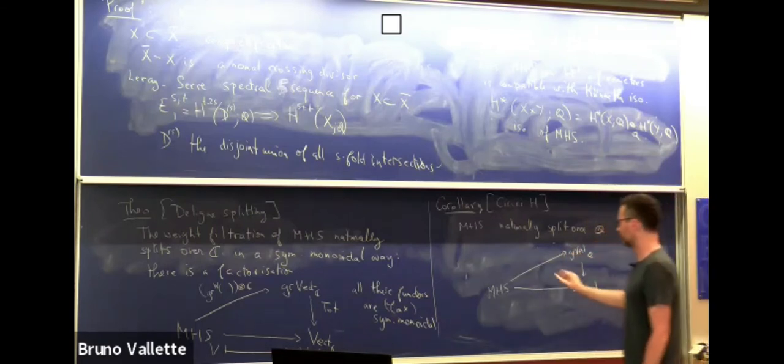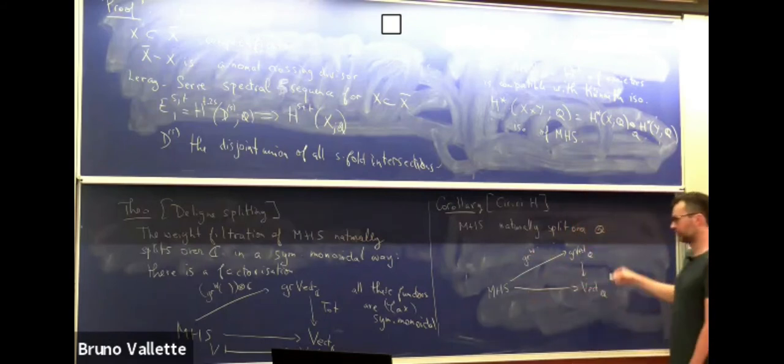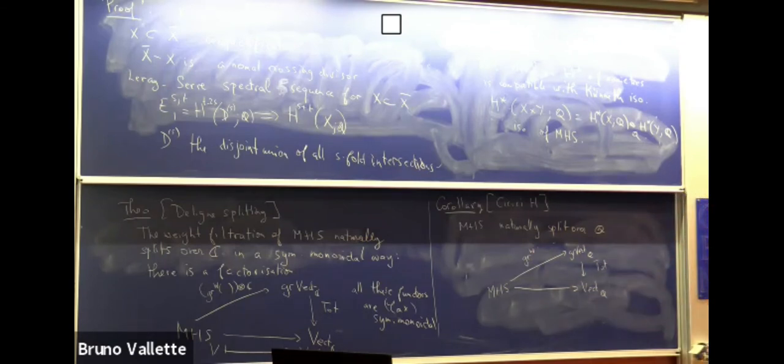So this is just the associated graded for the weight filtration. This is forgetful, and this is also a totalization functor. And again, all these functors are symmetric monoidal.